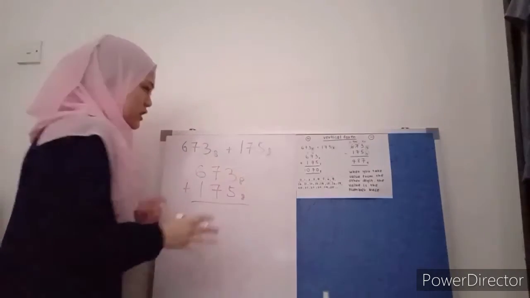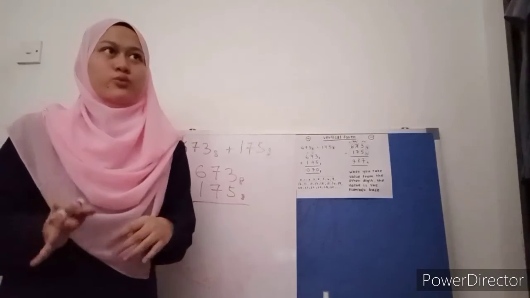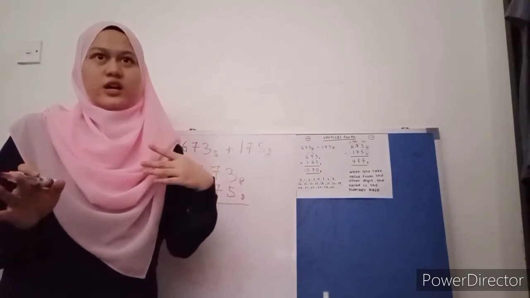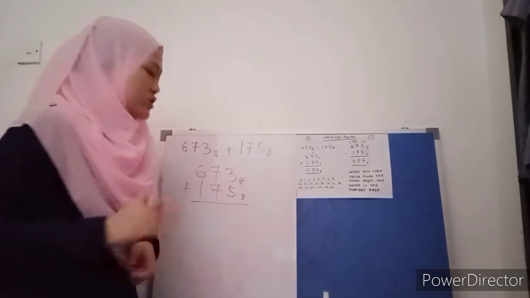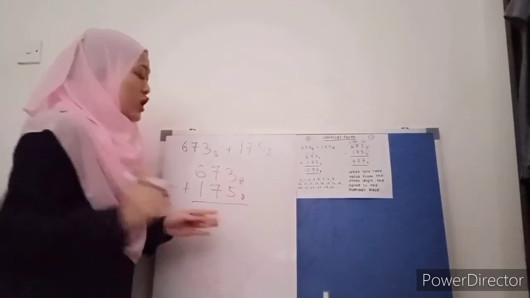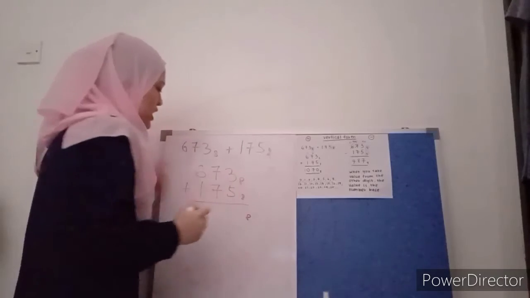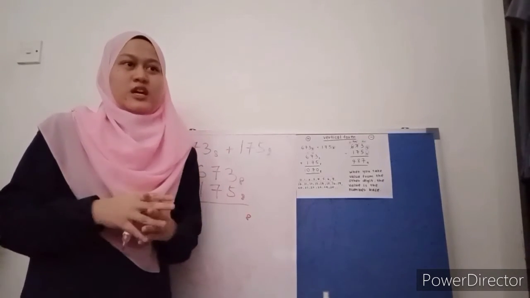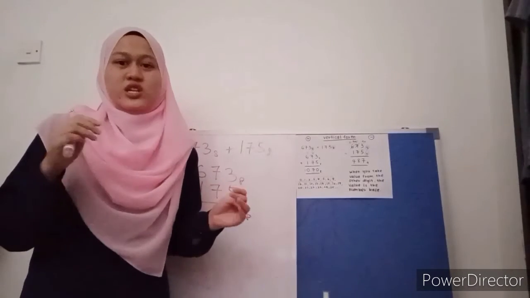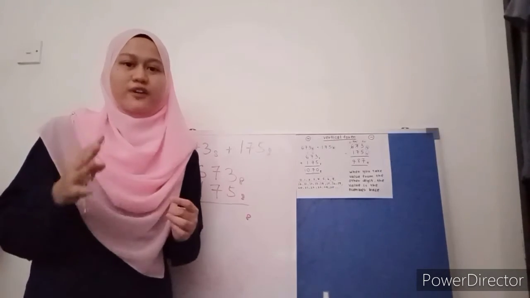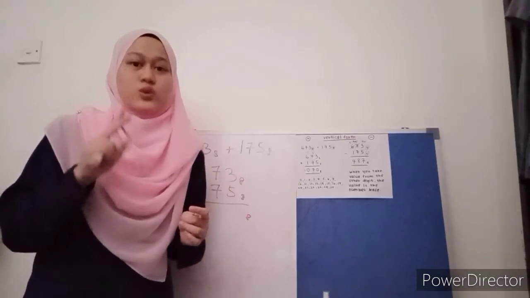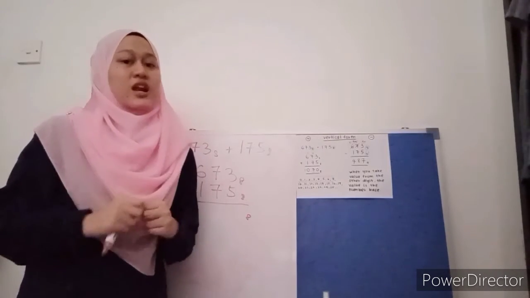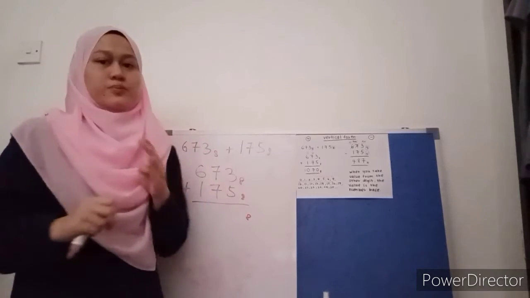You need to remember when you add in number bases, it won't be the same as when you add a normal number. So let me teach you how you'll be doing it. 3 plus 5 is equal to 8. You need to remember that under number base 8, the digits that we have are 0, 1, 2, 3, 4, 5, 6, 7. 7 is the last digit, so 8 can't be there.